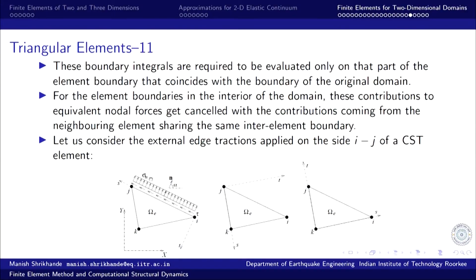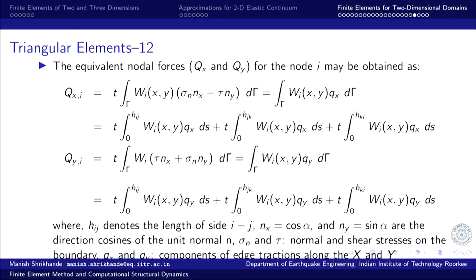So, how are they going to be there? There can be 2 possibilities. Any kind of tractions can be resolved into 2 orthogonal directions, normal and tangential. So, sigma n is the normal stress on this edge and tau is the shear along this edge ij.